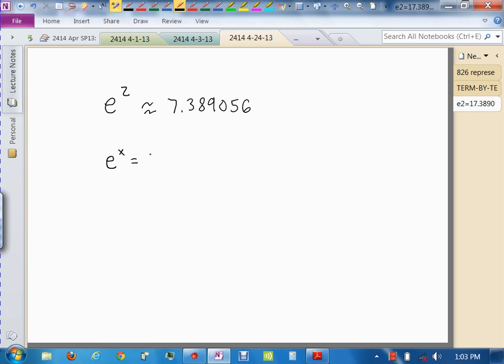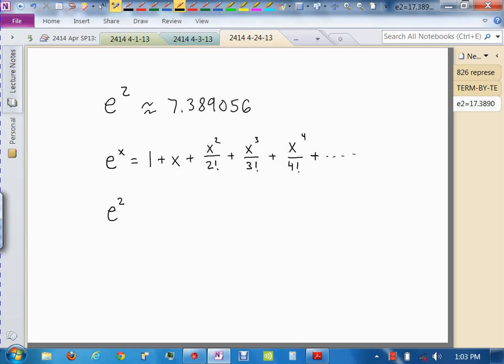And the power series is 1 plus x squared over 2 factorial plus x cubed over 3 factorial plus x to the fourth over 4 factorial. We talked about this a while back. Do y'all remember me doing this? Yeah? So I'd like you to plug into this formula. Now this is plus dot dot dot forever.